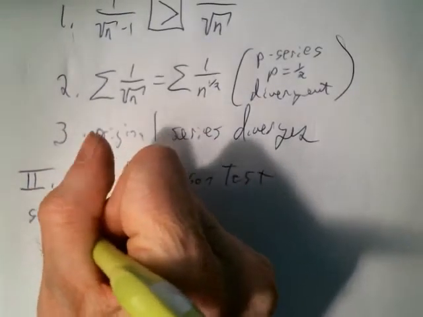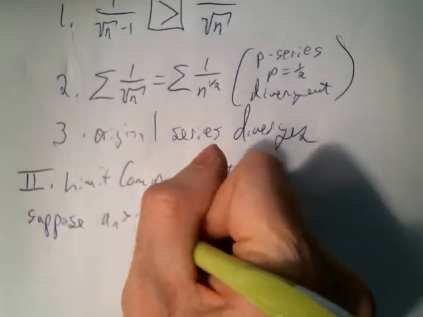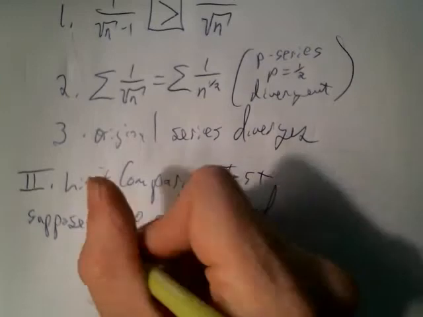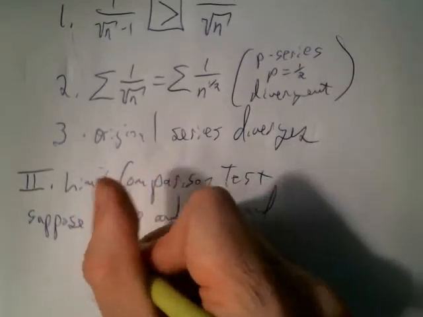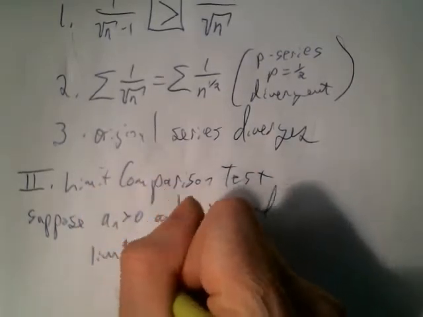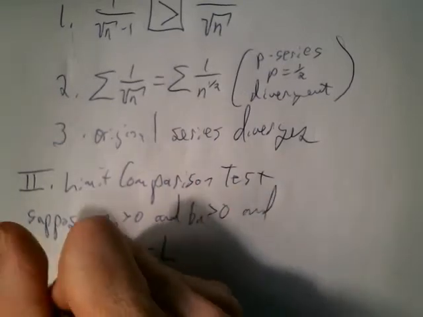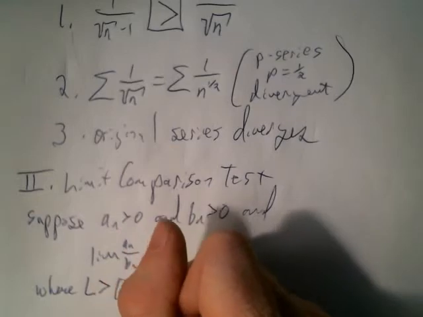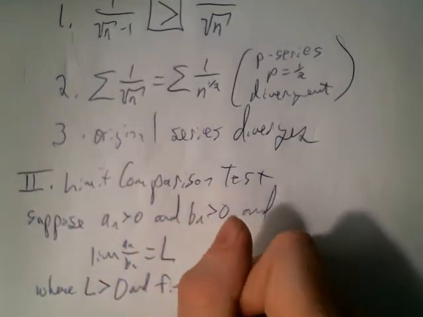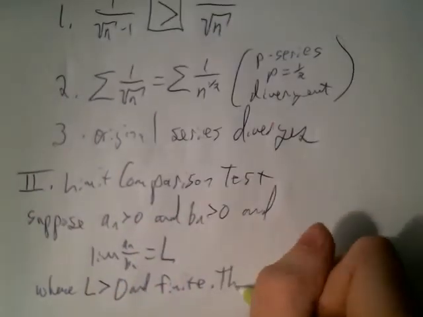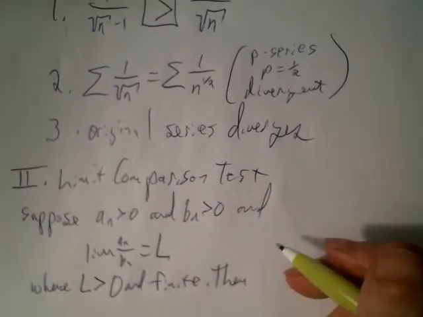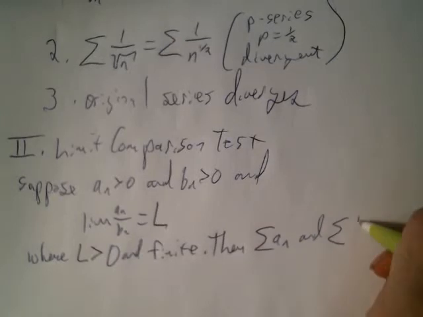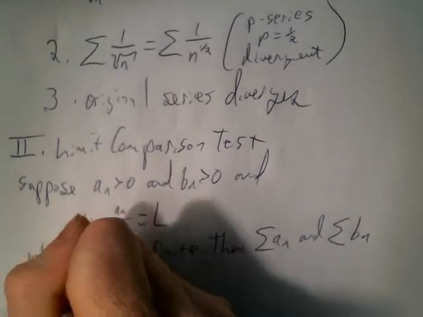It says suppose a sub n is greater than 0 and b sub n is greater than 0, and the limit of a sub n all over b sub n equals L, where L is greater than 0 and finite. Then the series a sub n and the series b sub n have the same behavior.